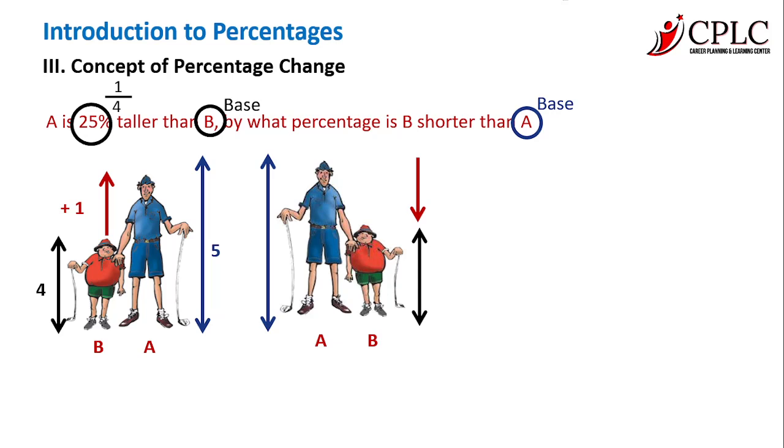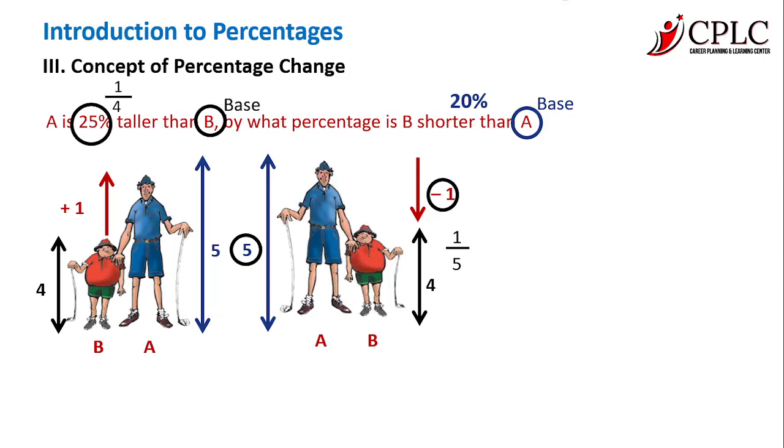B is 4, A is 5. So clearly we can say B, which is 4, is one value less than 5, which is A. So the fraction becomes 1 by 5, and 1 by 5 becomes 20%. So when we say the same statement, A is 25% taller than B, it is as good as saying B is 20% shorter than A. Not 25%, 20% shorter.